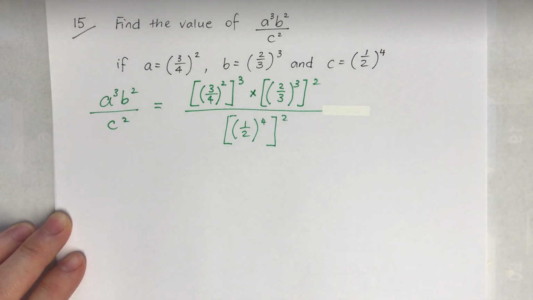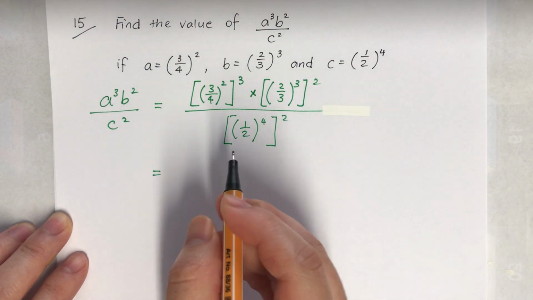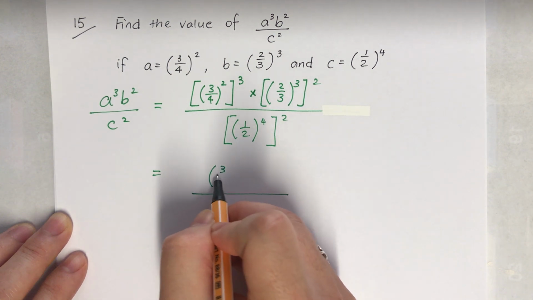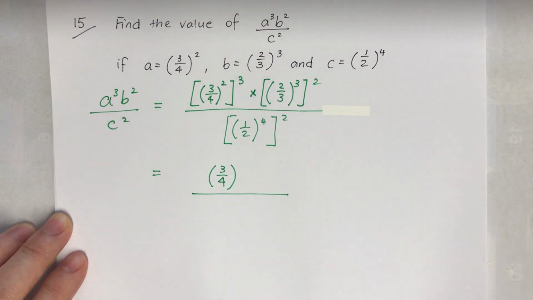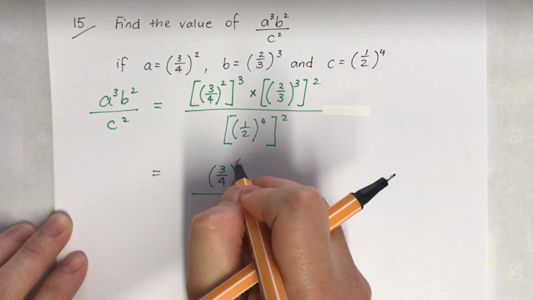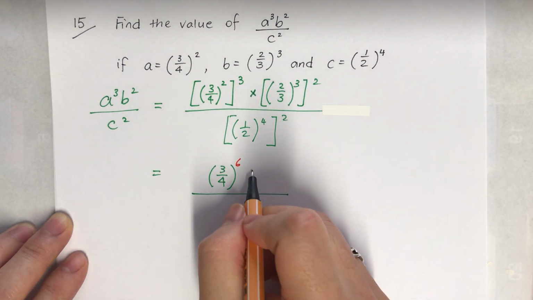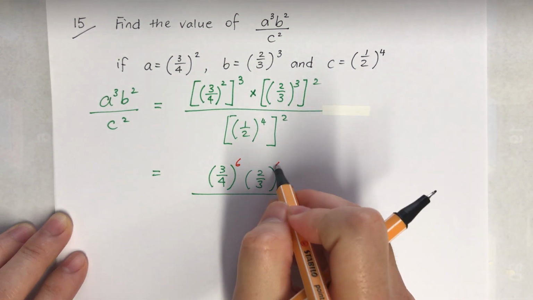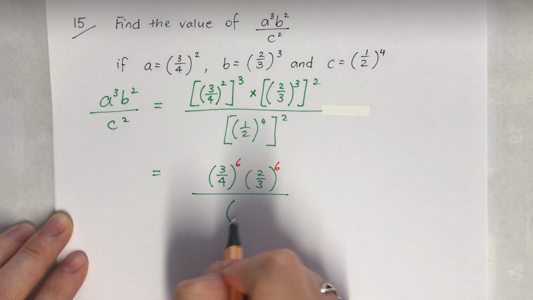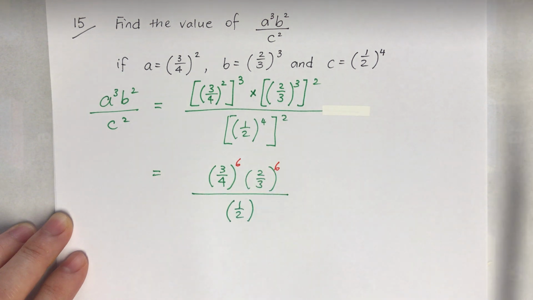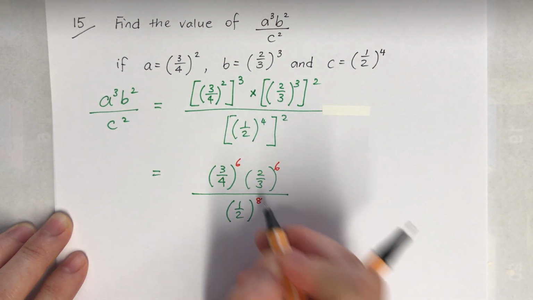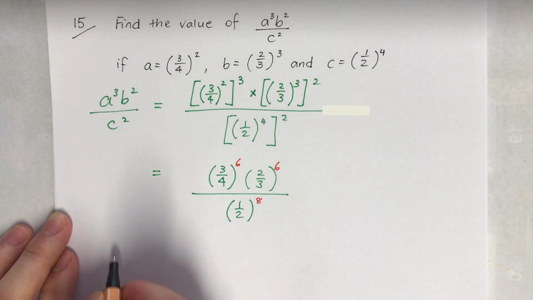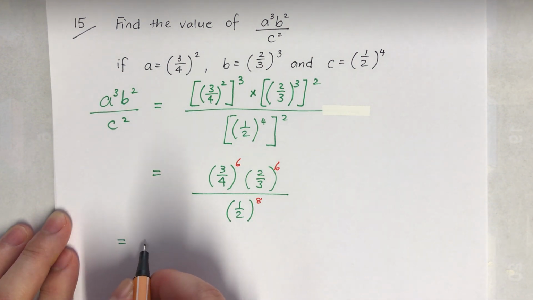Okay, so that's what I've done, and I'm going to tie this one up a little. What happened with the power? Times it, it's a 6. And then 2/3 again, times it, 6. And then 1/2, you times it together, 8. Okay, so what I'm going to do now is something a little bit different.